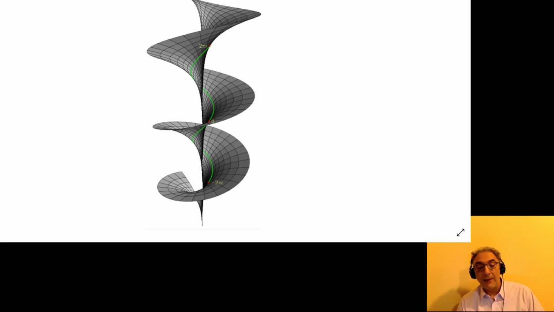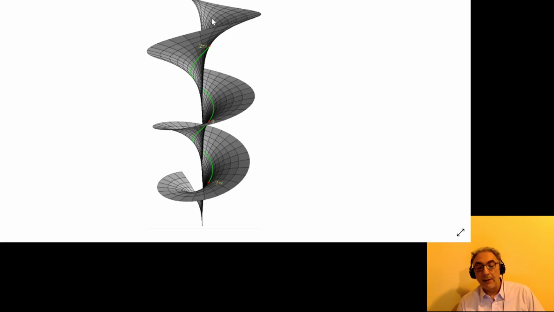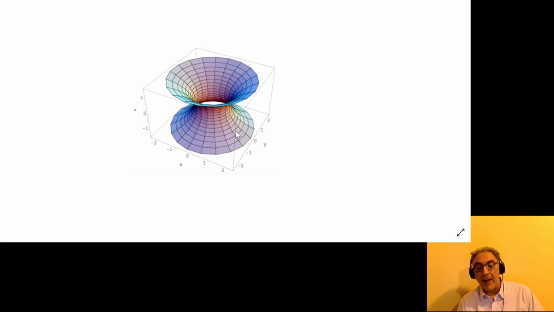So locally, the catenoid as a minimal surface, by cutting and rotating, gives rise to the helicoid, which unrolls in a simply connected way the non-simply connected catenoid.